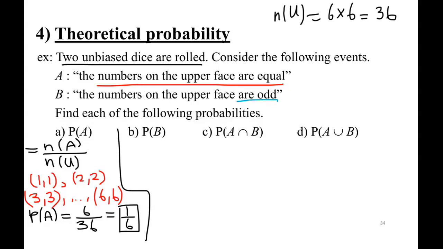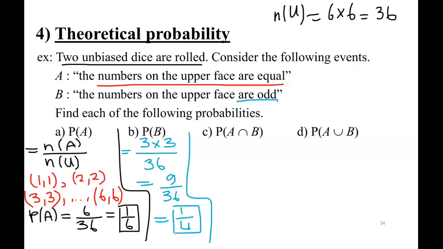So for the probability of B, we need to divide by the total possible outcomes, N of U. As for the total possible outcomes for event B, it's basically 3 for the first die multiplied by 3 possibilities for the second die, which leaves me with 9 out of 36, which simplifies into 1 out of 4. Therefore, the probability of event B is 1 out of 4.